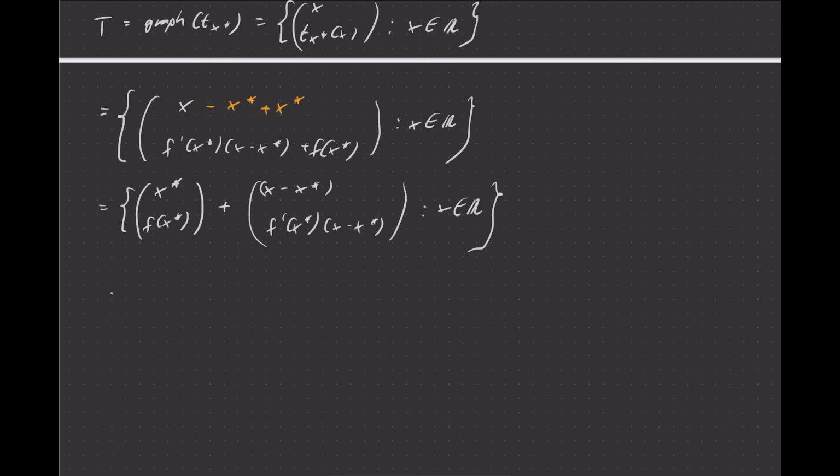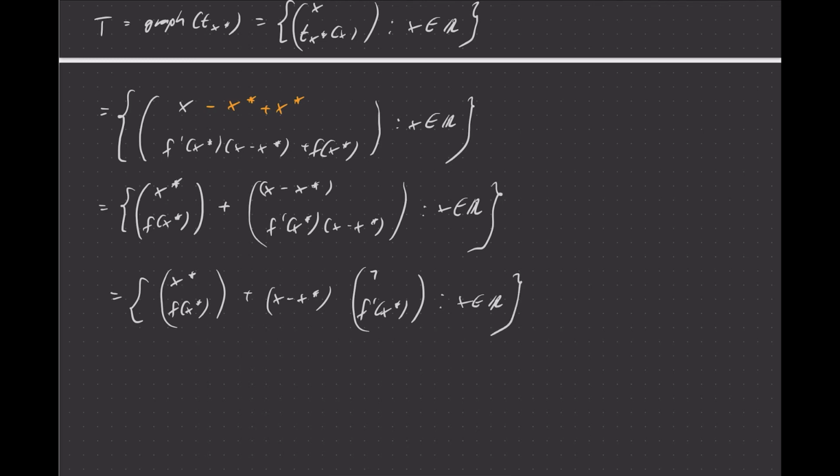So the next logical step would be to keep that constant part here and then add something like x minus x star, times the vector 1 and f prime of x star, like this. Again, x in R. And as I said, this here is just a factor that varies through all the reals. So this here, all multiples of that vector here, that is in effect a linear subspace.